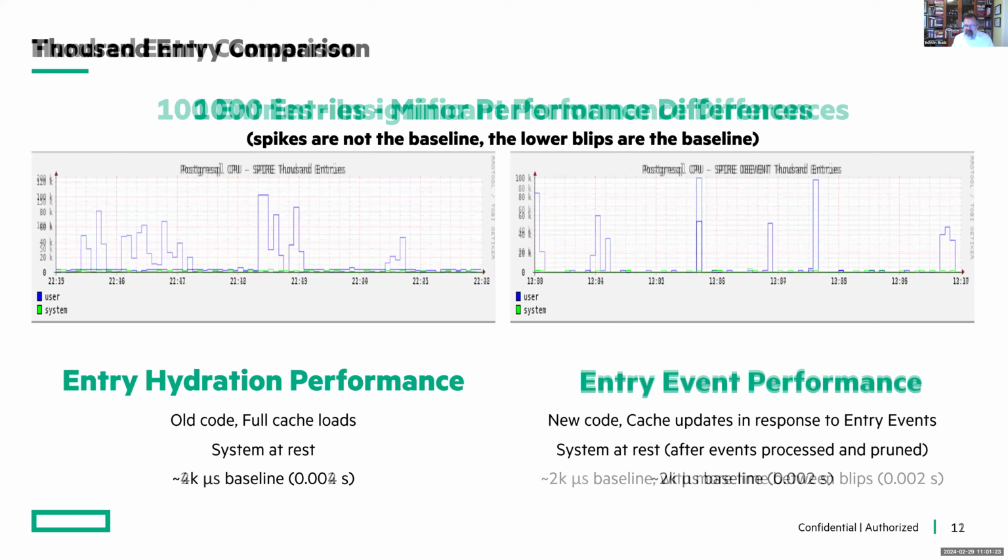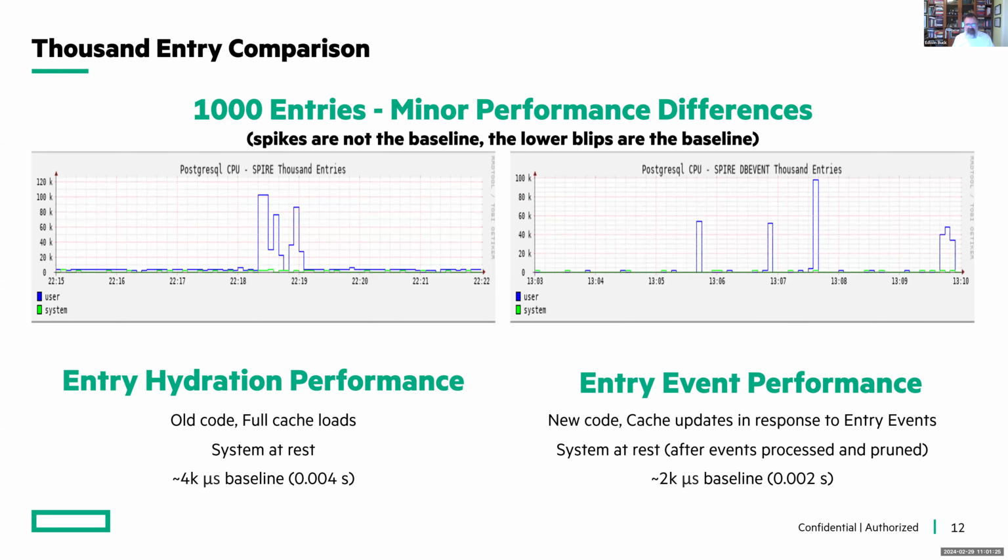When you bump it up to the next power of 10, 1,000 entries, there's still not very much difference between the two measurements. Yeah, there is a little bit of a difference in the polling frequency because we have stronger guarantees in not missing records, so we're not polling the events as quickly. But generally speaking, the performance is almost the same.